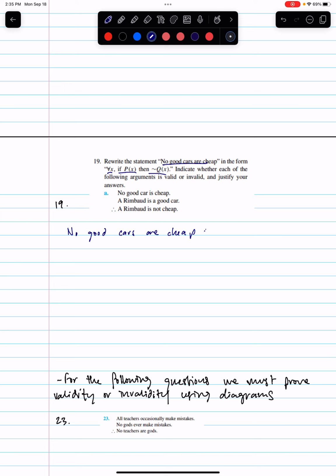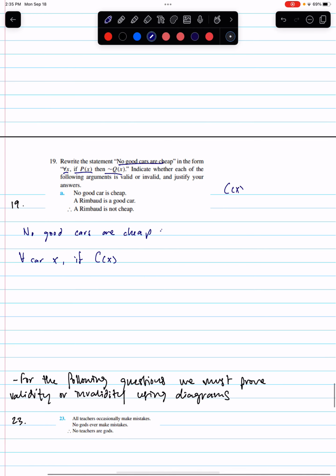This says for every car x, if c of x, if the car is cheap, then it's not good, basically.